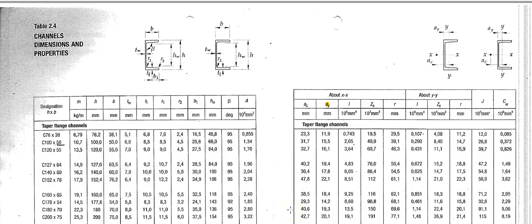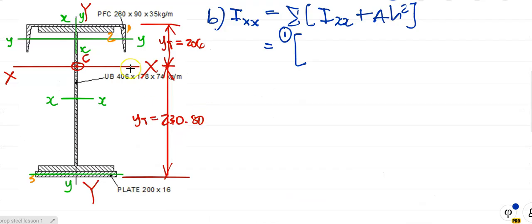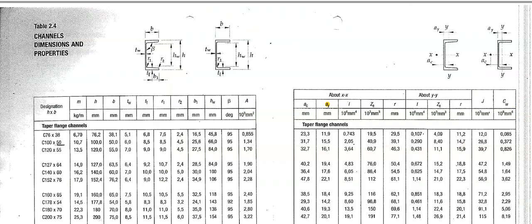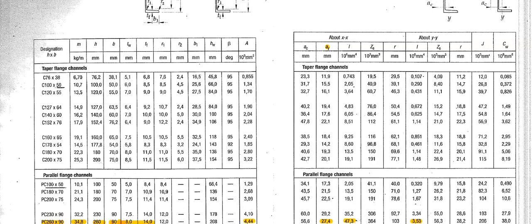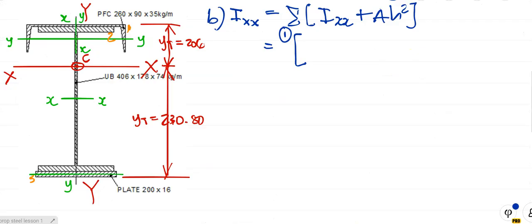But, are you tuning in? Because the y-axis of the channel is lying parallel to the x-axis of the whole cross section, we go to the tables and we pick out its IYY value. Okay, there's my section. So I pick out 3.53 times 10 to the power 6 millimeters to the 4th. Did you get that?